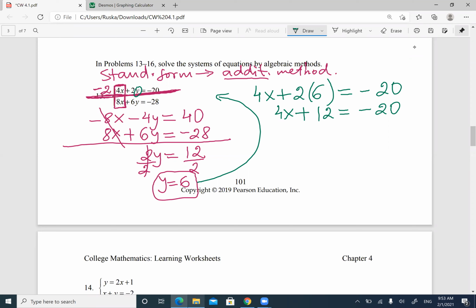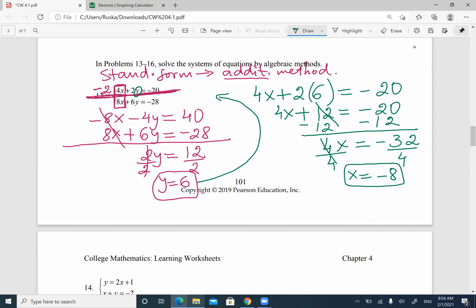It's like a linear equation. You're going to move the 12 over, and you're going to get 4x equals negative 32. And then divide by 4 to get x by itself. So what is x equal to? Negative 8, right?